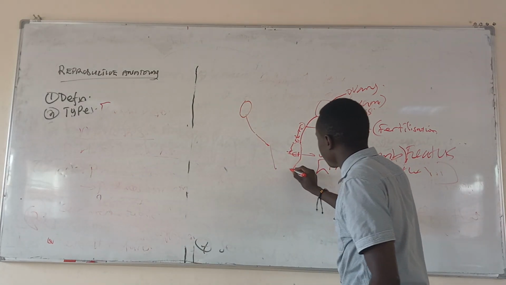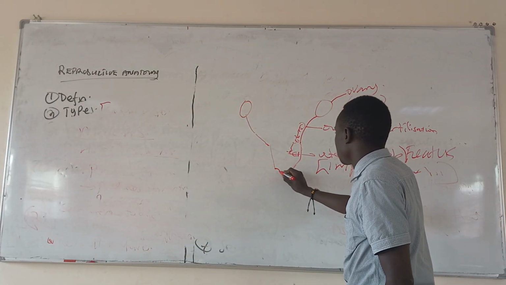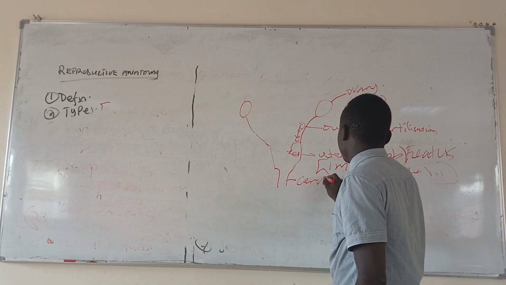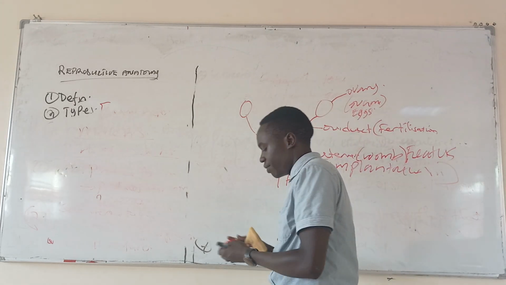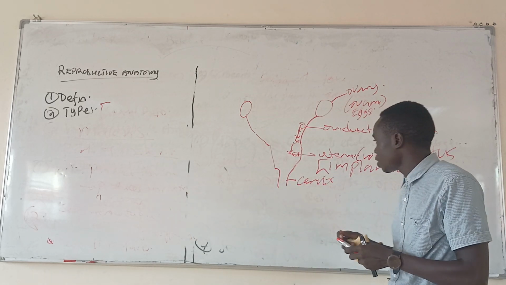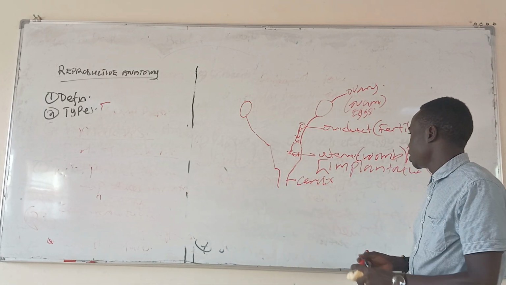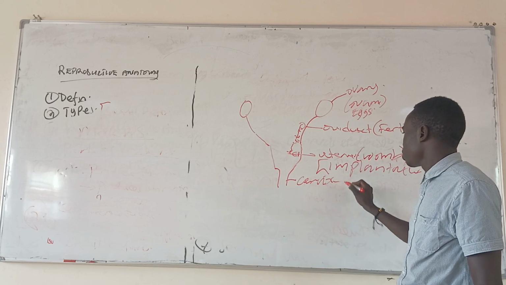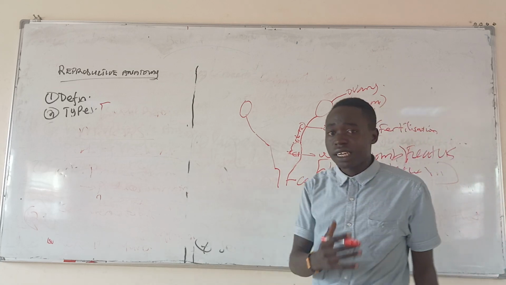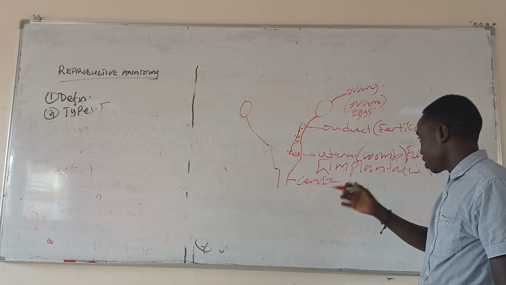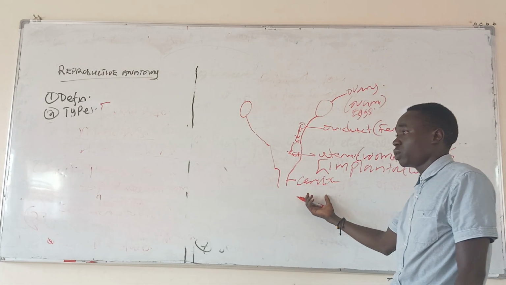So after the uterus, what we get is what we call the cervix. This cervix is also of importance. It connects the uterus to the vagina, and one important function is that it can give an indication of menstruation. It can also prevent what?